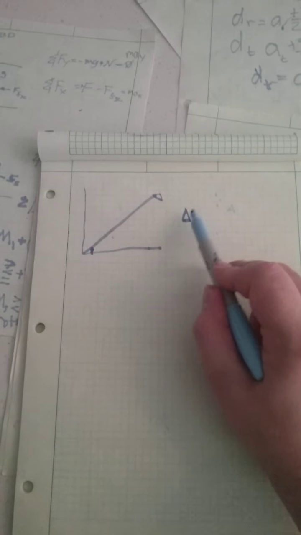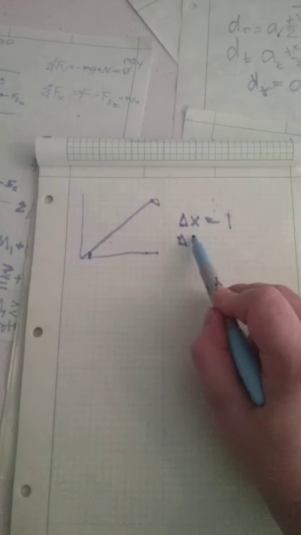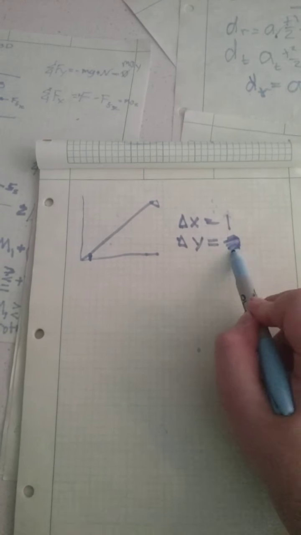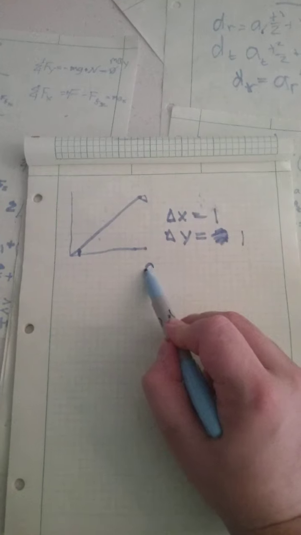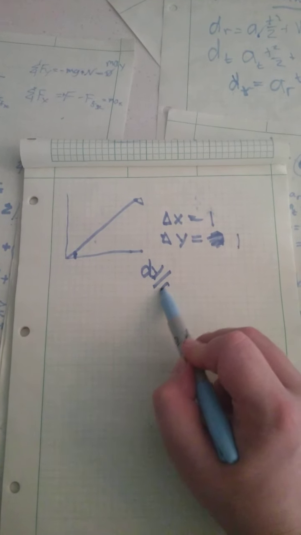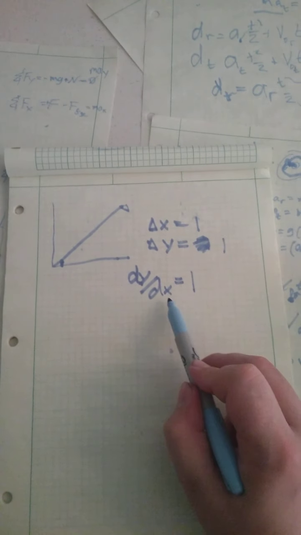So you have a change in x equal to 1, and a change in y equal to 1. So the change in y with respect to x is equal to 1.